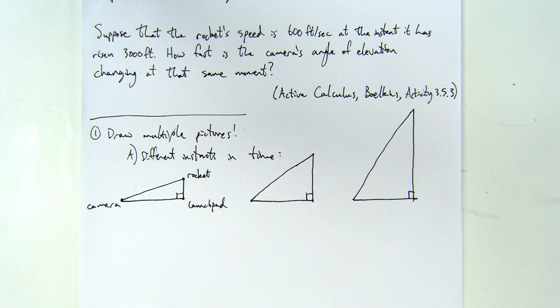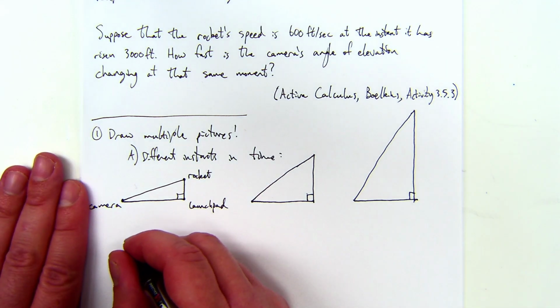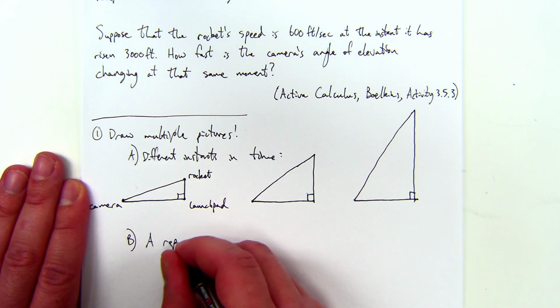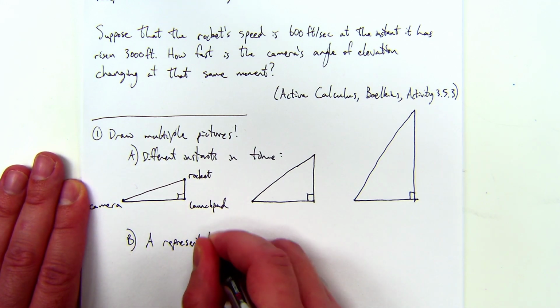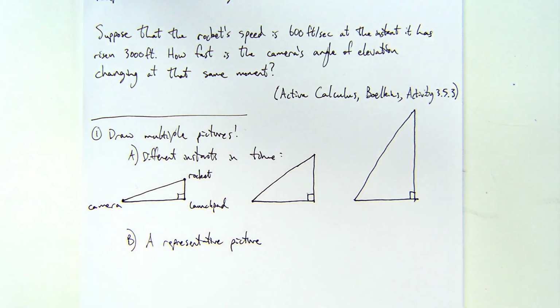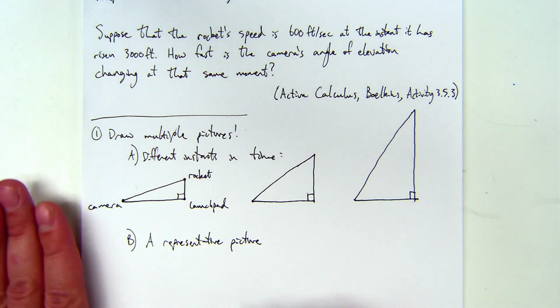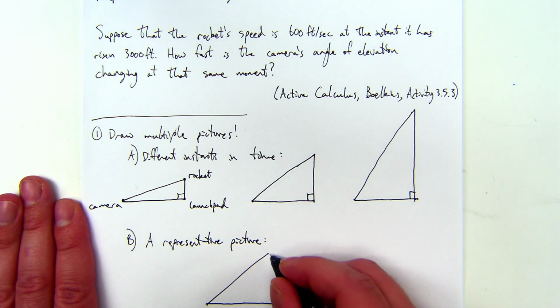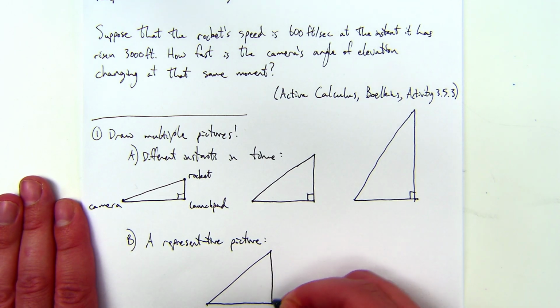And you want to draw perhaps a representative picture, something that will capture all the information that we could possibly want. A picture that we're going to label with variables and constants. That's what I mean by a representative picture.